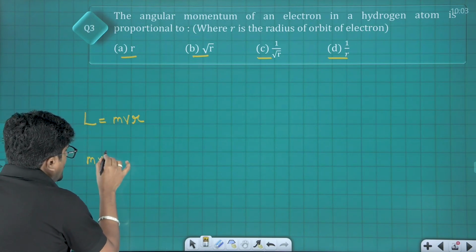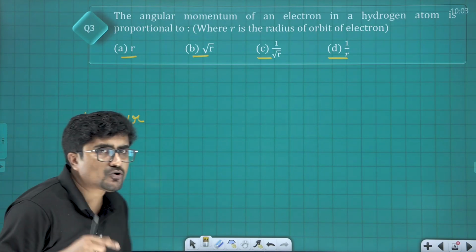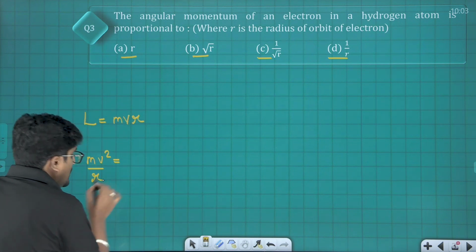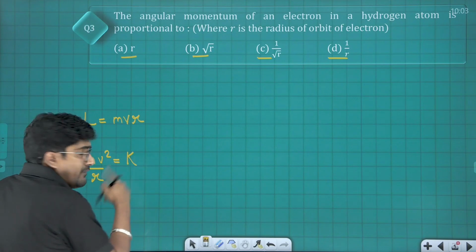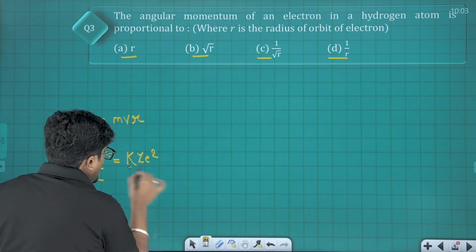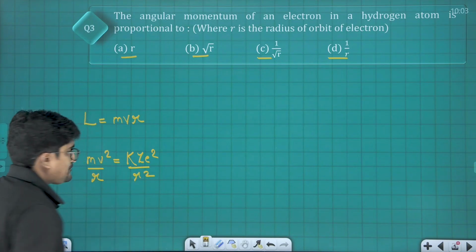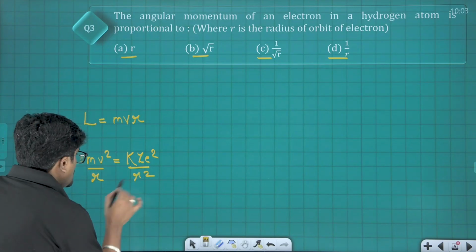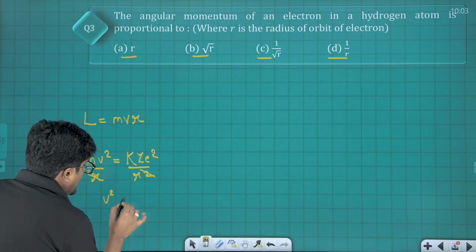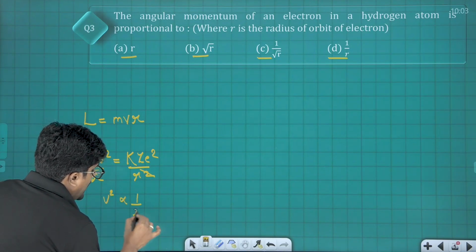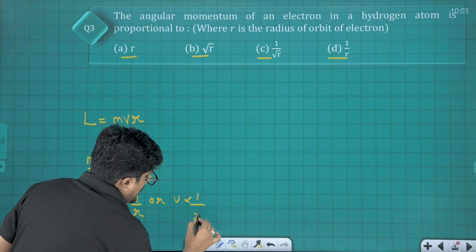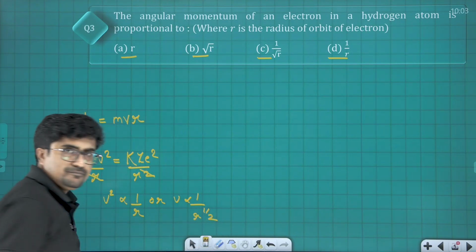We know the centripetal force between the electron and the proton, that is mv square by r, that's equal to 1 divided by 4 pi epsilon naught into z e square by r square. Alright. So if I cancel this, I can say that v square is now proportional to 1 by r, or v is proportional to 1 upon r raised to 1 by 2.